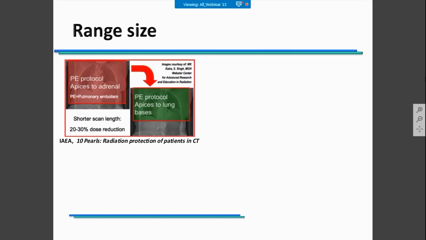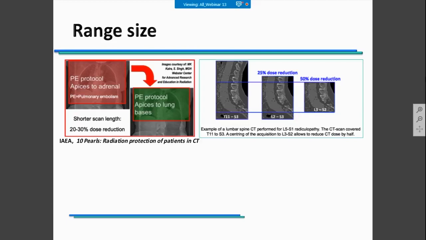Other studies indicate that for lumbar spine, if you adequate the range to the size of the clinical task, you could have a dose reduction of up to 50%.